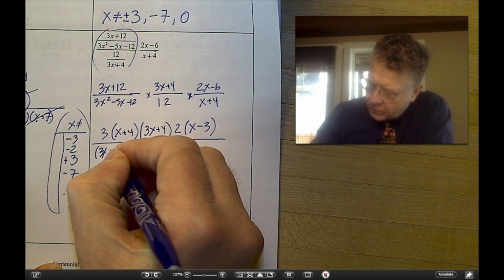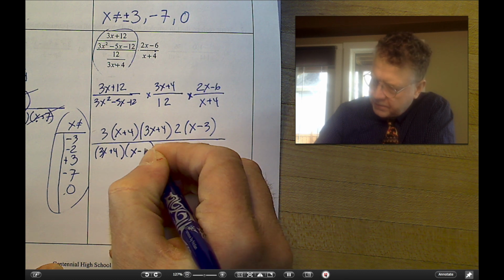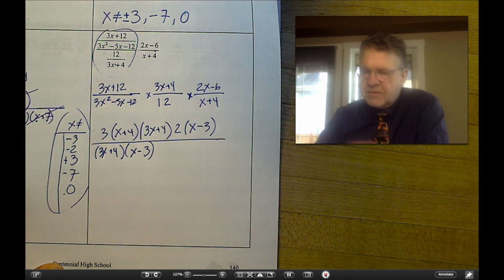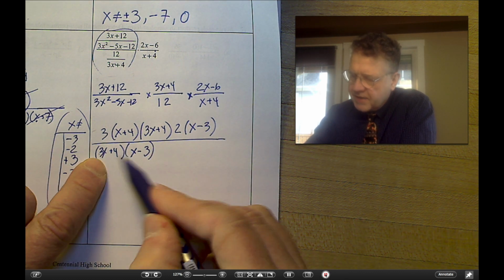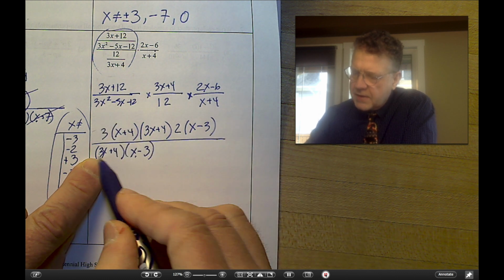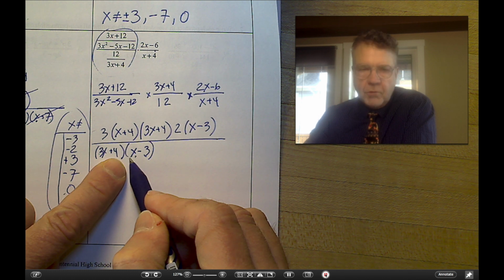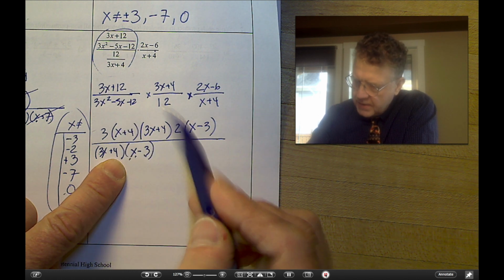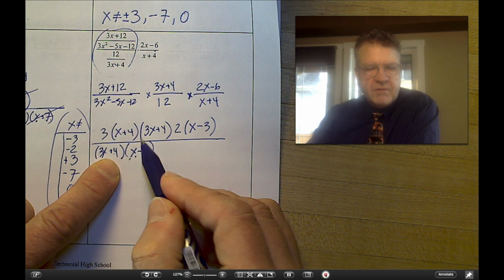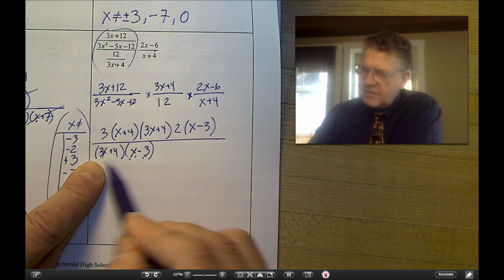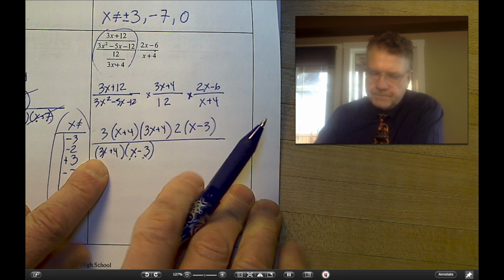A little bit of trial and error perhaps, but I know that works. Let's just double check. 3x times x is 3x². 3x times negative 3 is negative 9x, plus 4x would be negative 5x, good. And then 4 times negative 3 is negative 12, good. So this is the proper factorization of that.